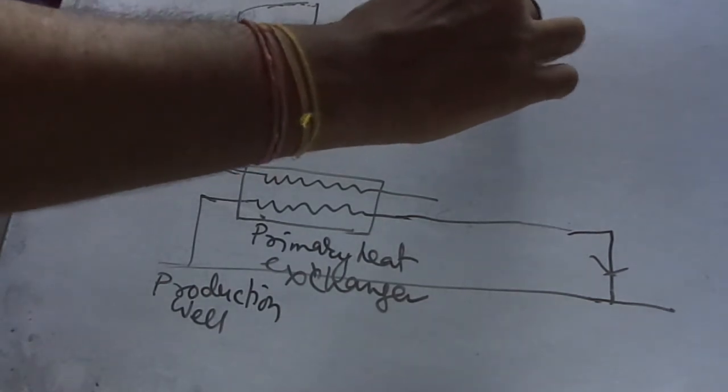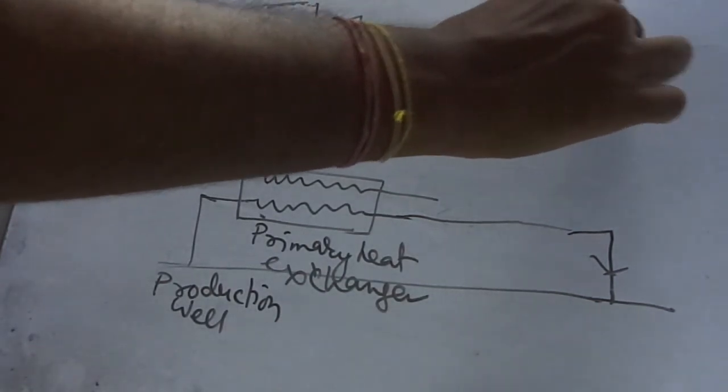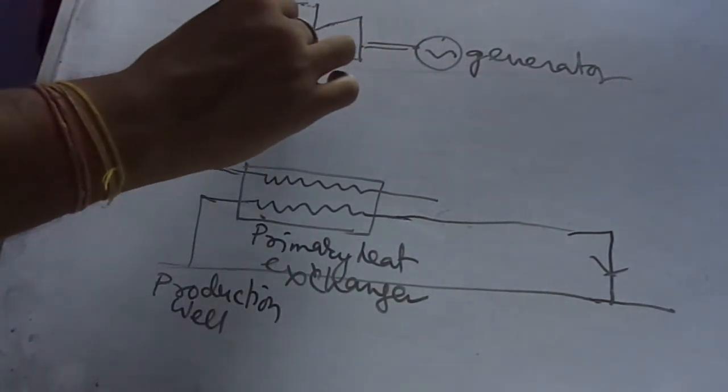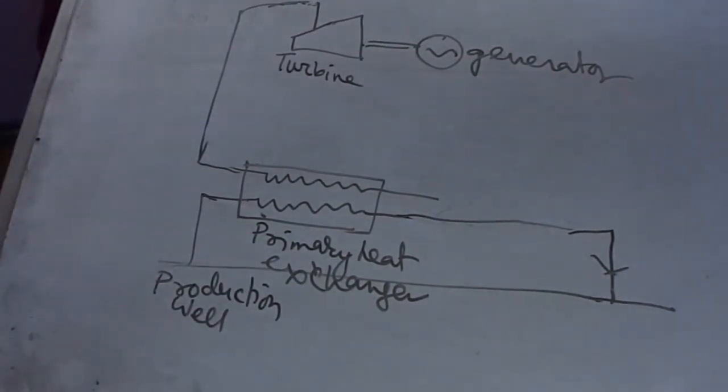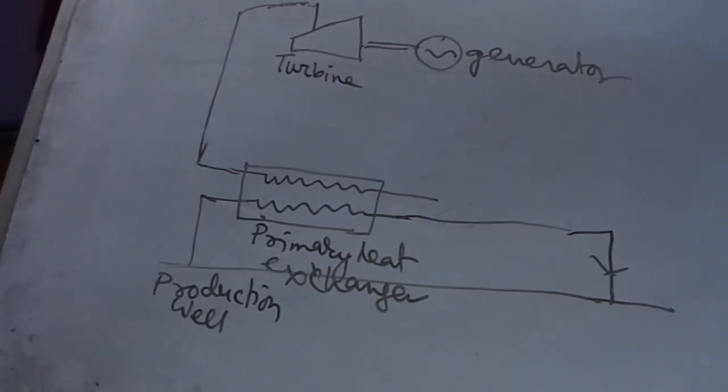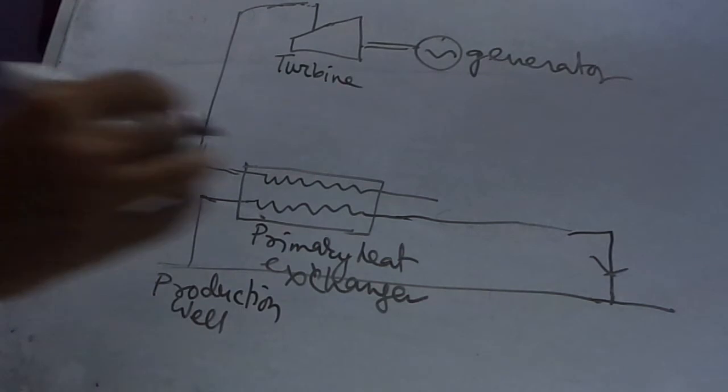This is the generator, and this one is the turbine. And another line to the regenerative heat exchanger.